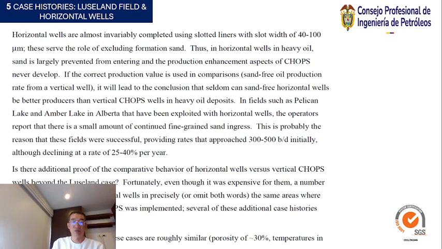The reservoir parameters for these cases are roughly similar.